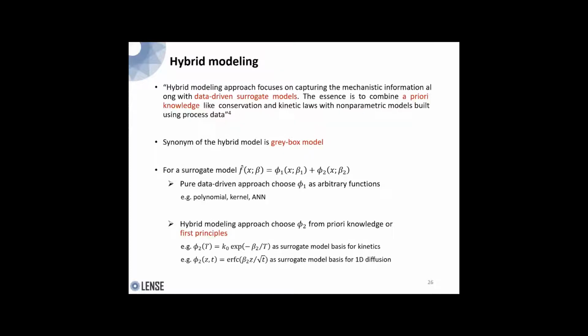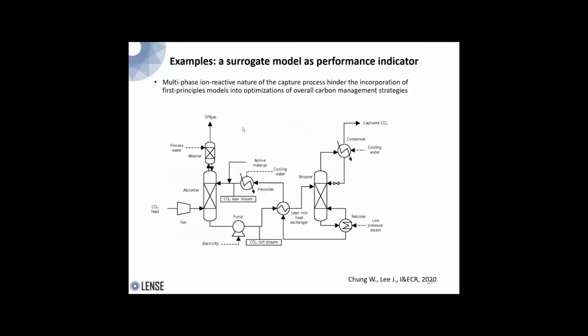Let me not, I've already mentioned hybrid modeling. Let me just move on, since we don't have a lot of time. Let me show you an example here. So this is a CO2 capture process, right?